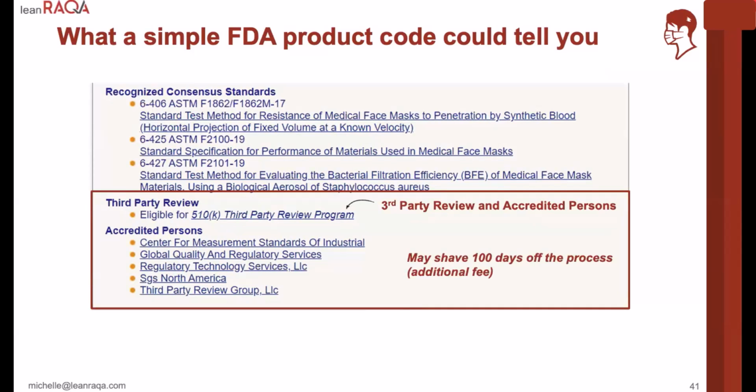So this could shave possibly 100 days or more off of the process. It is an additional fee. However, everybody I know that has been through an accredited persons program, it has turned out to be far worse than going through the FDA.